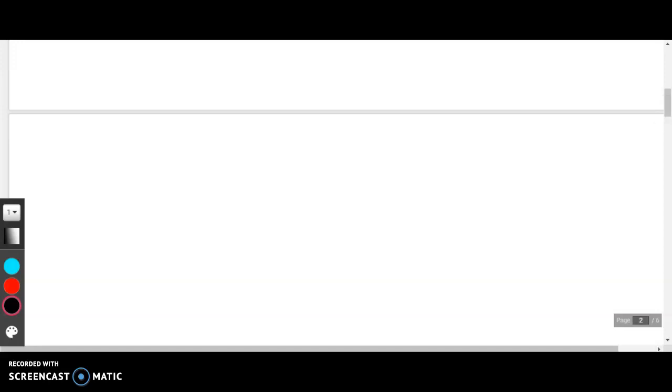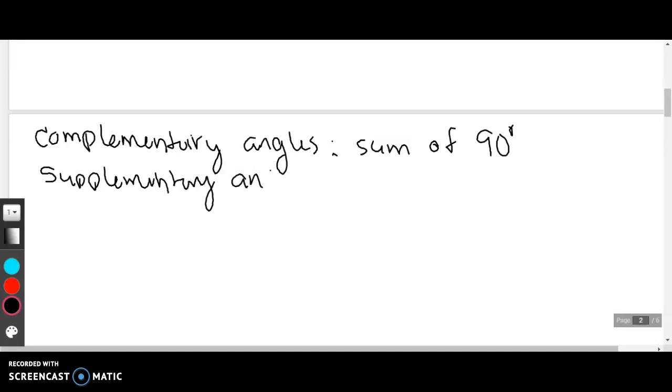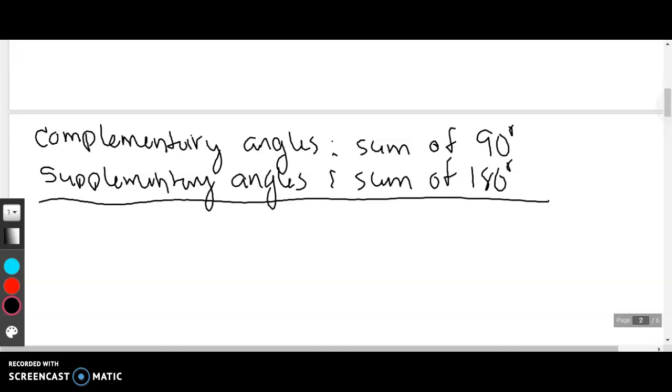The first note that we need to remember, and this should be a review from last week, is that complementary angles are 2 angles with a sum of 90 degrees, and supplementary angles are 2 angles with a sum of 180 degrees.